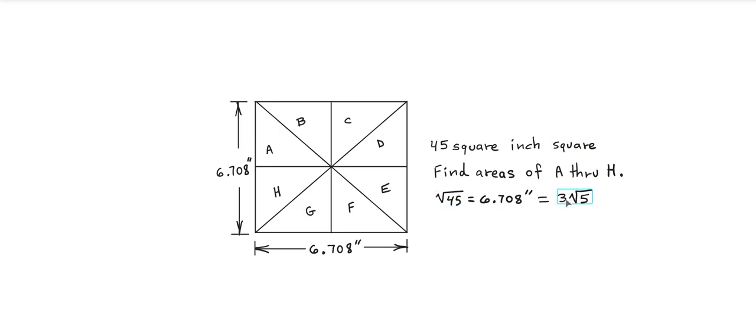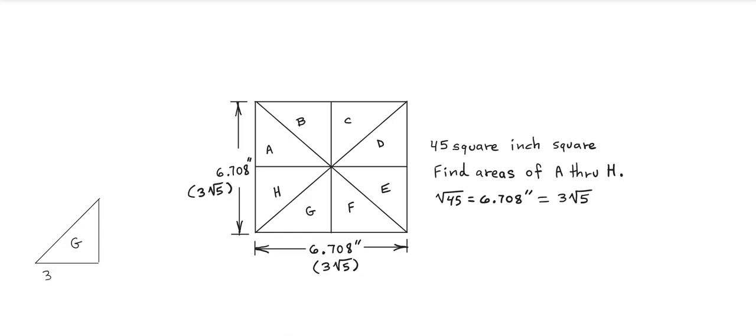So if we took 3 and we squared 3, we would get 9, then times 5. We can ignore the square root radical symbol. So then if we test it, 3 radical 5 becomes 6.708. So we know that is a 3 radical 5 inch by 3 radical 5 square.